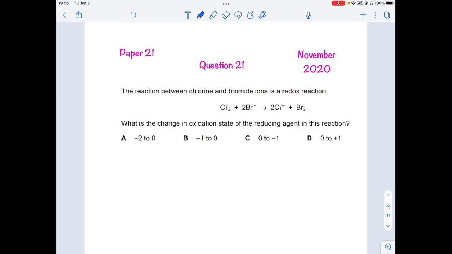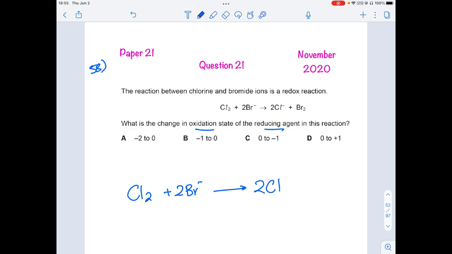Coming to the next question, question number 58 from November 2020, paper 21, question number 21. The reaction between chlorine and bromide ions is a redox reaction. What is the change of oxidation state of the reducing agent? We should know first of all which is the reducing agent. So let me write the equation once again.